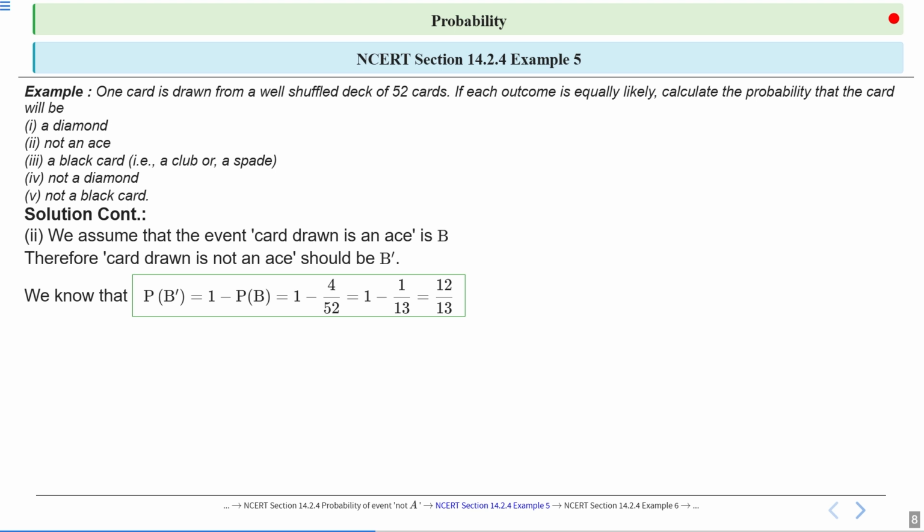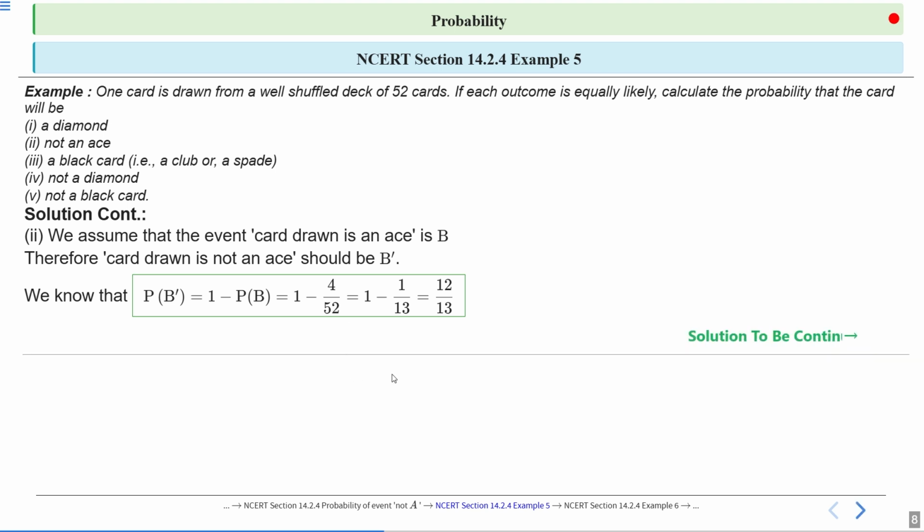So the number of elements inside B is 4. There are 4 cards, which cards? Ace cards. So probability of B complement is equal to 1 minus probability of B, and probability of B is equal to 4 over 52. So this is equal to 1 minus 4 over 52, and after calculating you will obtain probability of B complement equal to 12 divided by 13.